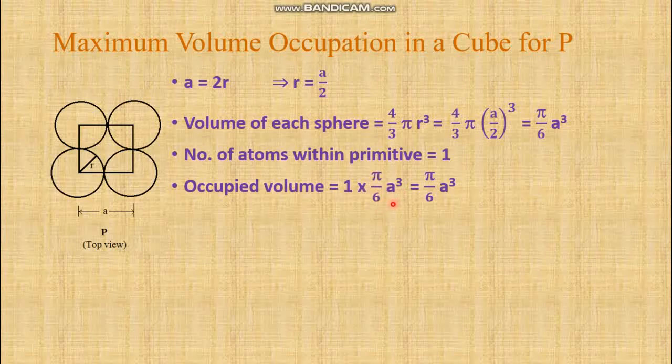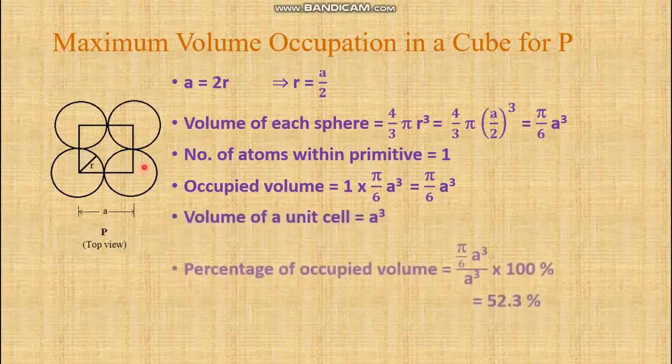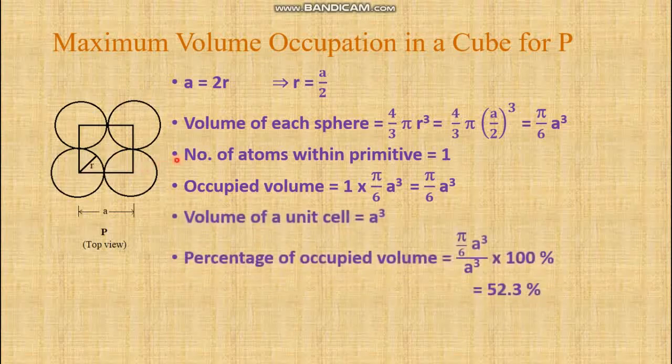So finally the occupied volume is also pi by 6 a cube. Now try to find out what should be the volume of the cube in terms of a. If a is the edge length and if it's the cube, then its volume should be a cube. So the volume of the unit cell is a cube.